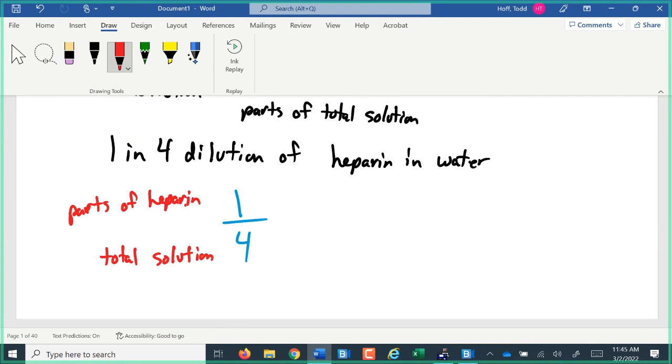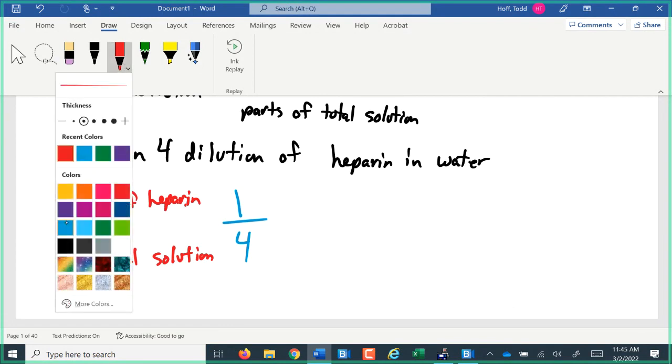So if I'm looking at constituting this type of a mixture, I could just put 1 unit of heparin in there and fill it up till I have 4 total units.